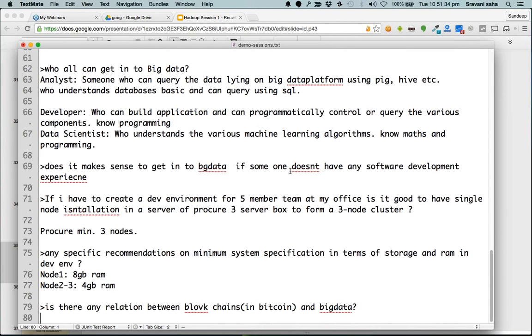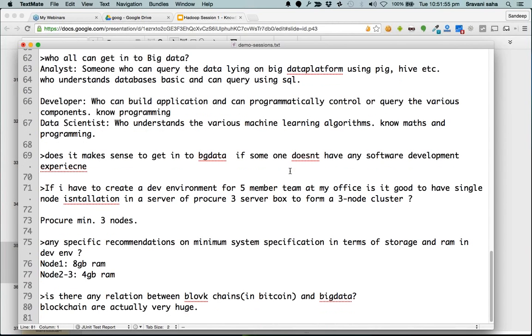Okay, Indrajit's question is, is there any relation between blockchains and big data? Let me answer it this way. Blockchains are actually very huge in nature, because every transaction creates a new node in the blockchain, and to churn such kind of data you will require distributed computing, or a lot of computing capability.